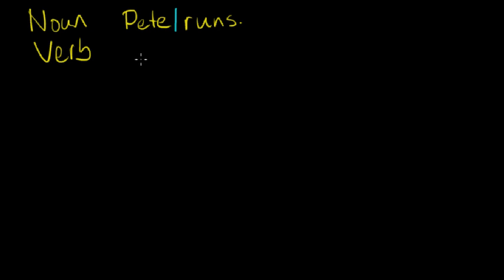Those are all concrete nouns, or nouns that you could touch and see. Or there are also abstract nouns, such as ideas and feelings. Emotions like happy, sad, feelings like love, anger, those are abstract nouns, but they are still nouns.